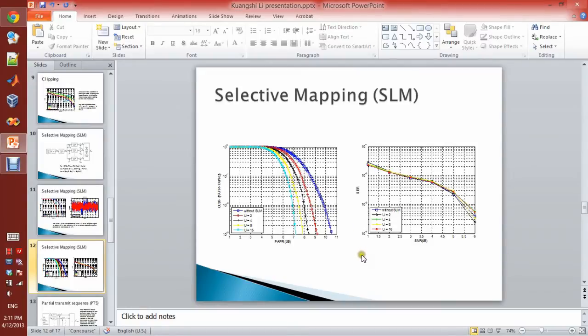For clipping, the problem is that the signal is distorted, so the BER increases a lot. But for SLM, we just add some vectors to reduce PAPR, so the bit error rate does not change much.